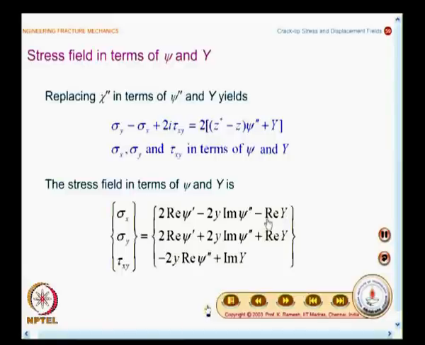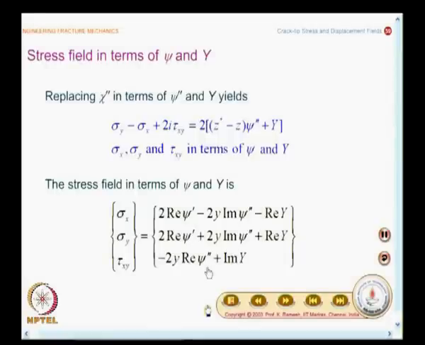There is a very small change between the sigma x term and the sigma y term. You have only the sign changes in the second term from minus to plus, similarly in the third term from minus to plus, and you have the expression for tau x y given as minus 2 y real part of xi double prime plus imaginary part of Y. If you go back and look at the Westergaard stress function for tau x y, it will have only one term involving capital Z. So, I could find the identity between xi and capital Z that way.